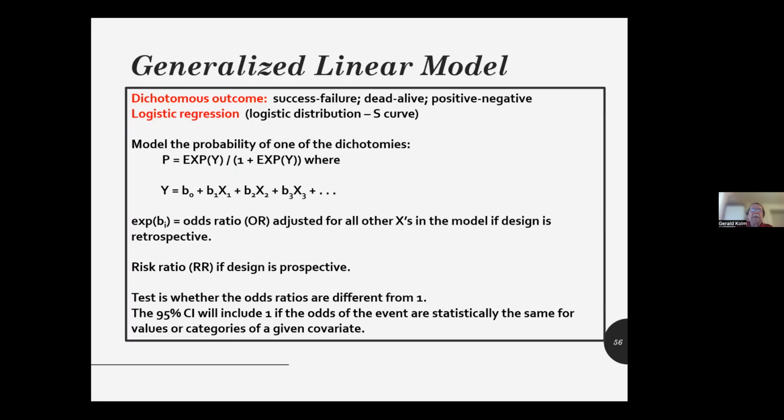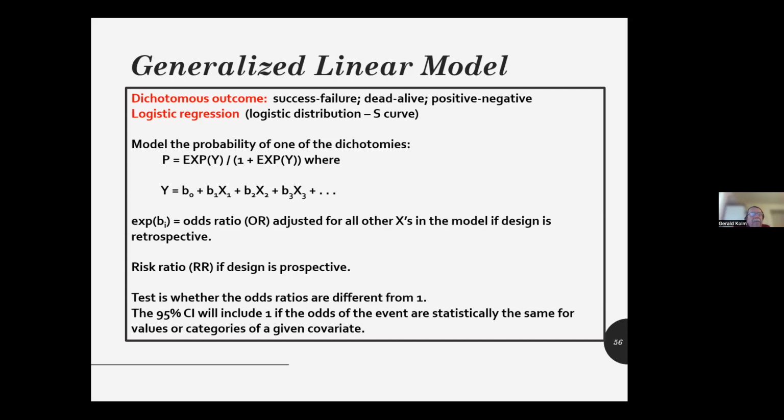So what if we have an outcome that's not a continuous variable? If we have a dichotomous outcome, success or failure, dead or alive, positive or negative, then we will do what's called logistic regression for our analysis. Now what we're going to model is the probability of one of the dichotomies. If you have a treatment and control group, then maybe you're going to code the treatment group as 1 and the control group as 0, so that we have a dichotomy.